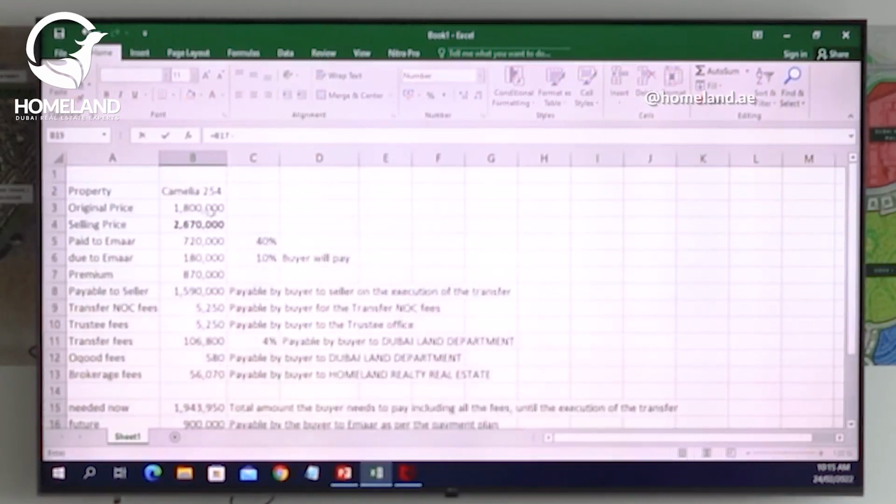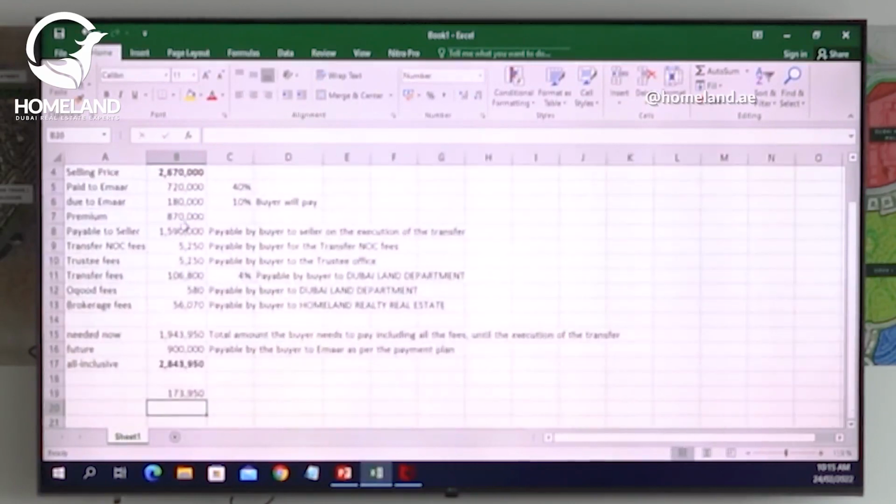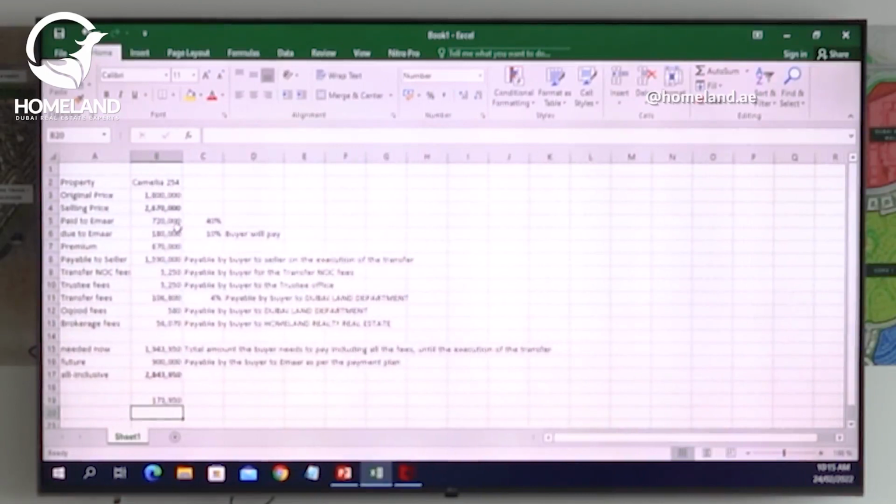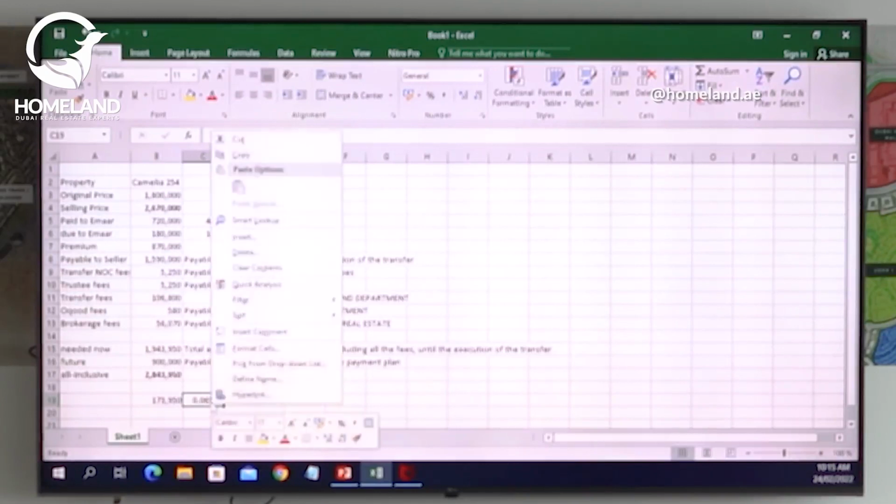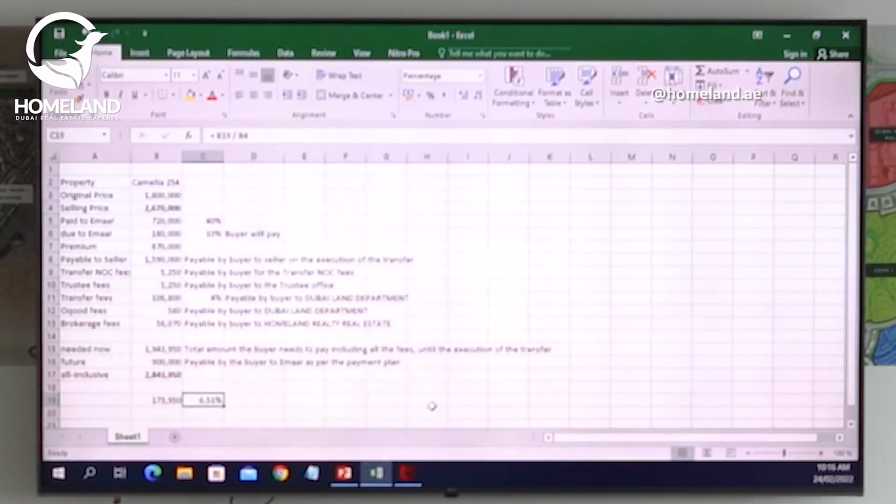This 173 is the cost of transfer, including the commission and trustee office, which is how much of the price? 6.5% of the selling price. Why is he paying 6.5% in fees? Because 4% is transfer fees, 2% is commission, and 0.5% is NOC and trustee.